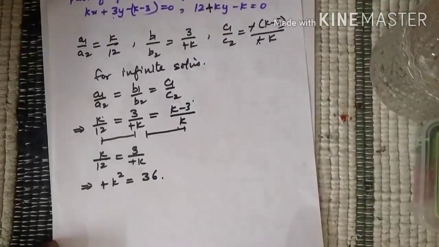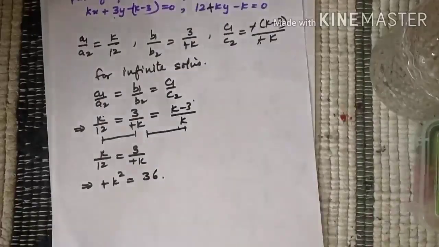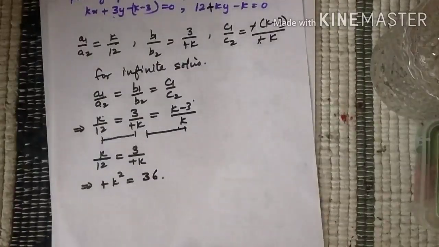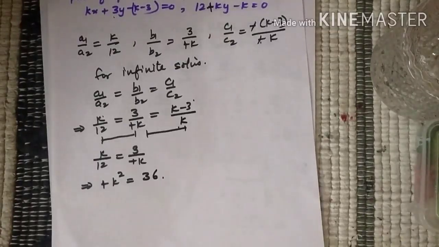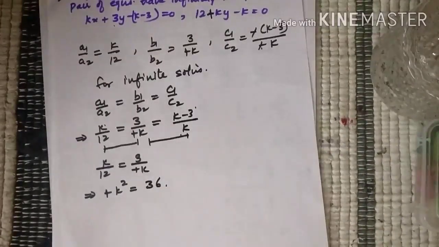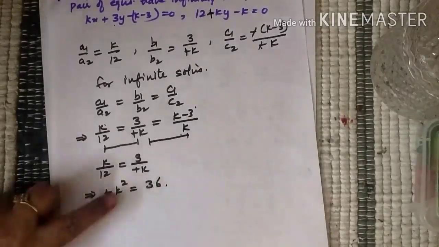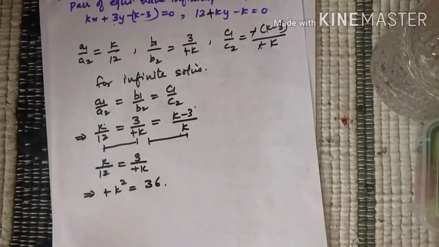k square is 36. Now, you remember children, how do we find the zeros, or how do we find the solutions? When you are finding the value of a variable, geometrically speaking, of a quadratic equation, or a linear equation or whatever equation, we are trying to find the zeros.